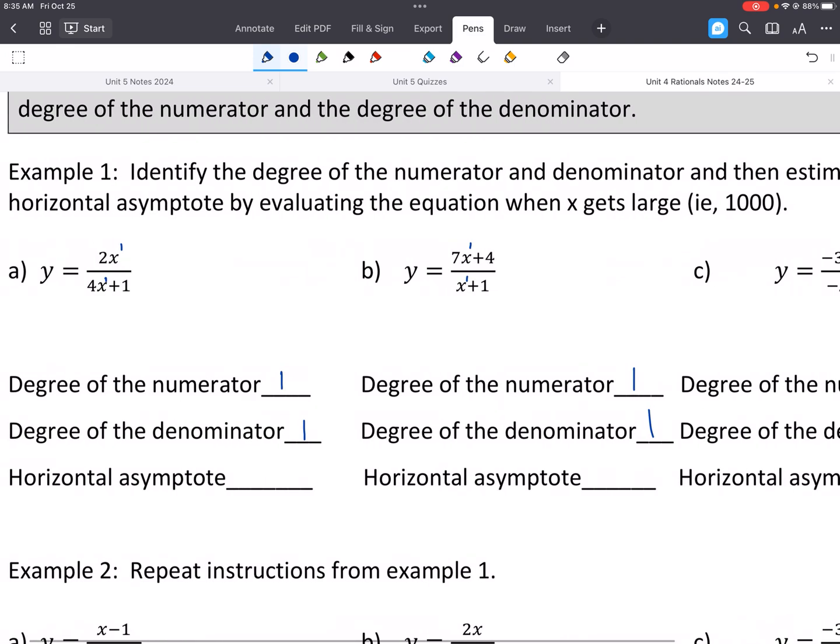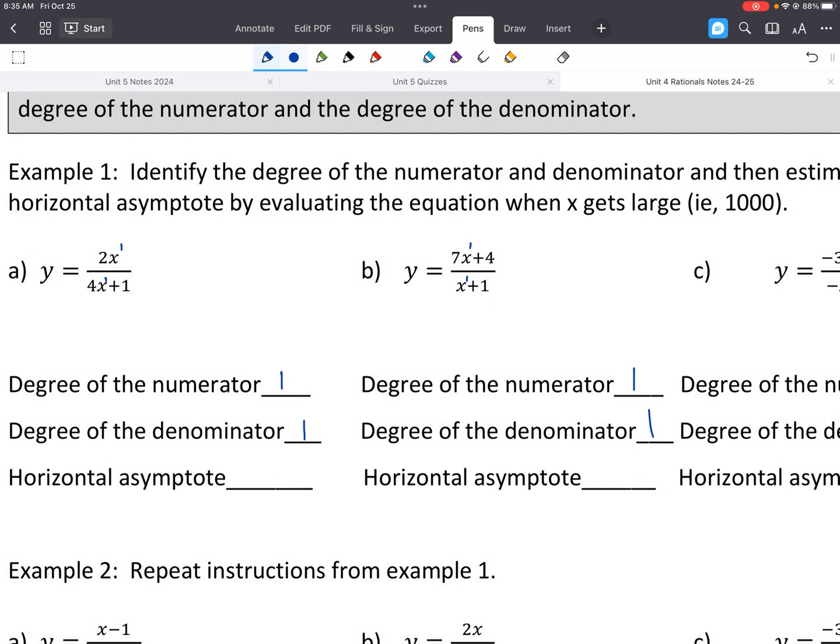It could also be 2 and 2, or 3 and 3. We're just trying to figure out what happens when they're the same degree. If the degree of the top is the same as the degree of the bottom, then we're going to find something that's going to be helpful for us.